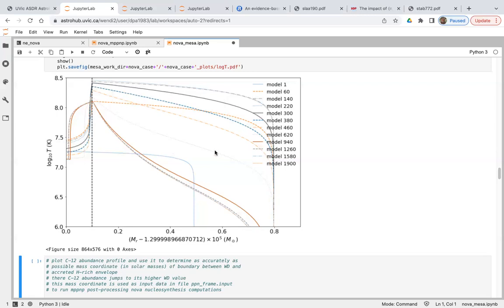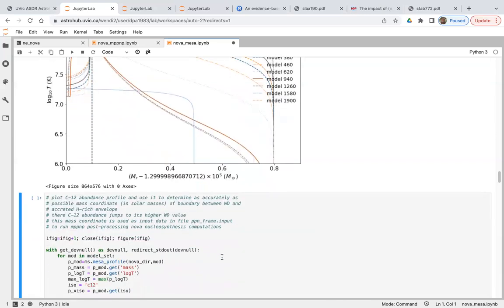These curves show the temperature profile for different models calculated with these time steps. You can see that the maximum temperature is reached at the bottom of the accreted envelope, and its peak value reaches almost 300 million Kelvin for this nova model.